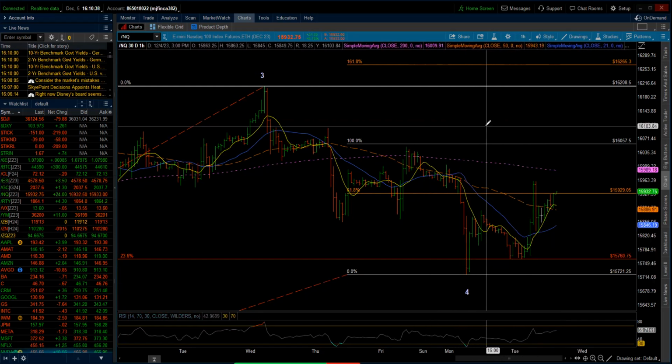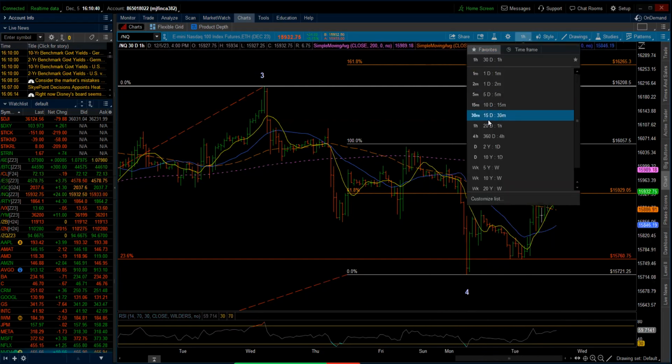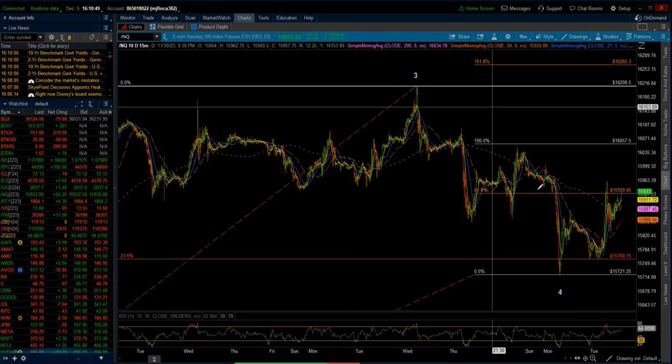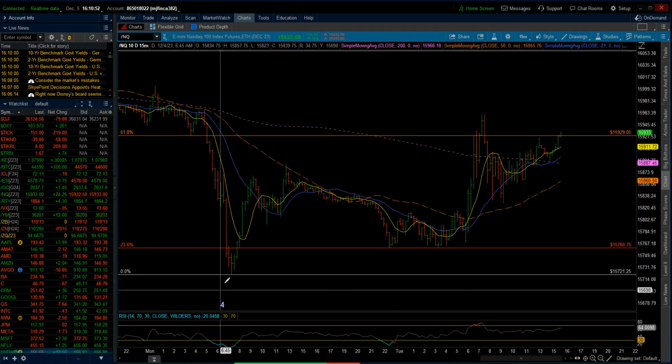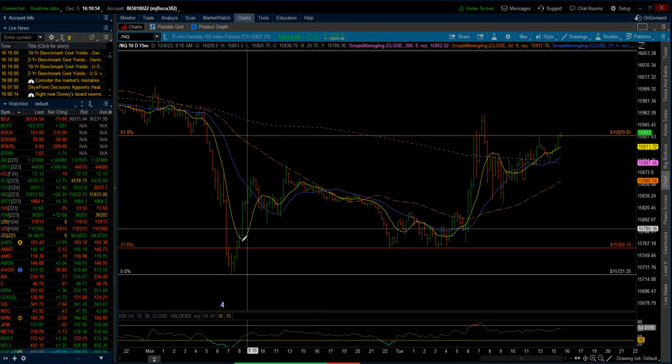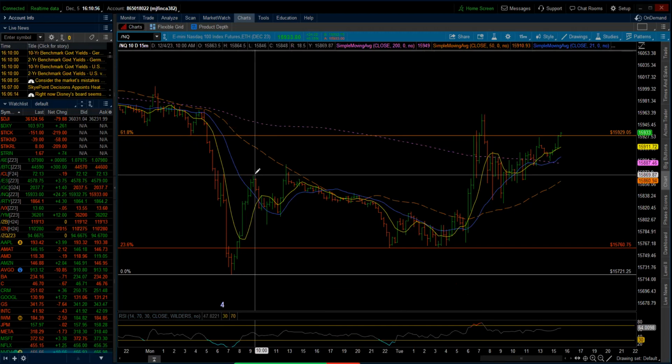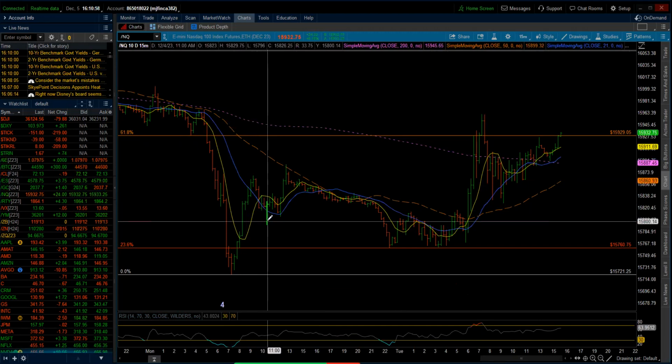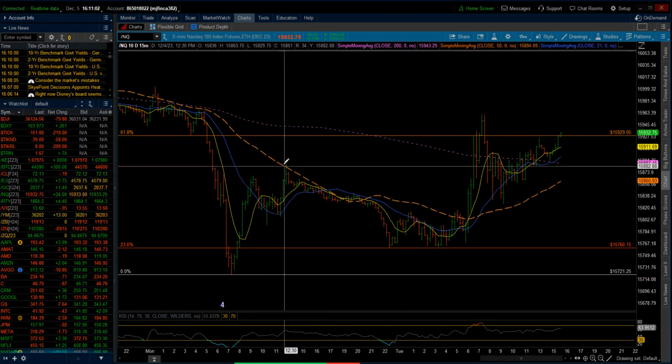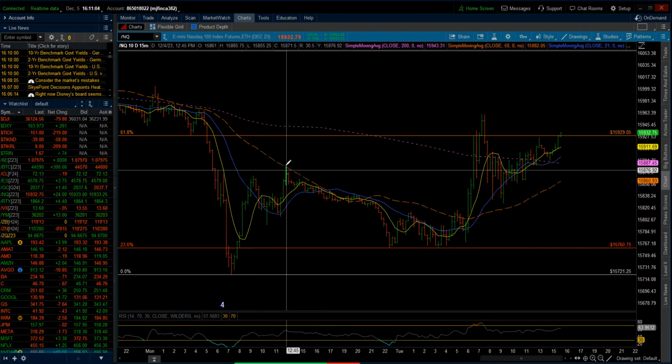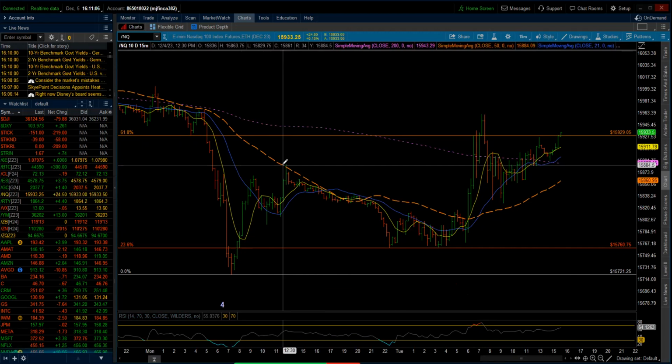And this is going to become very difficult to count, because even if it's a 3 as a wave 1, it's just not working. Bring it all the way down to a 15-minute chart, and we can take a look at it. That could probably be a 5, and that could be a 3, and that probably could work out to be a 5. 1, 2, 3.